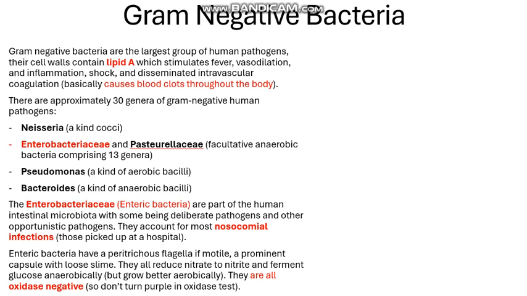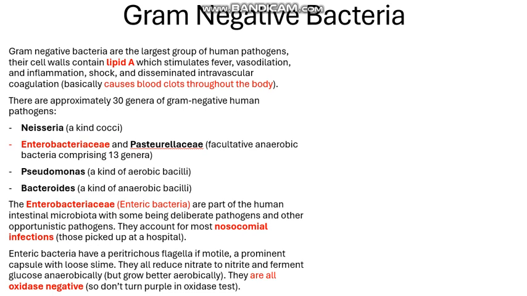The enteric bacteria have peritrichous flagella, if motile, and a prominent capsule with loose slime to help them evade the immune system. They all reduce nitrate to nitrite and ferment glucose anaerobically, but they tend to grow better aerobically, which is why they're facultative anaerobes and not just anaerobes or obligate anaerobes.